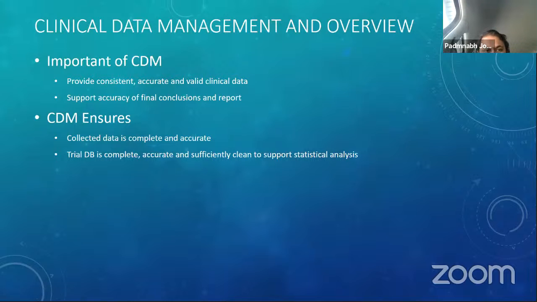The important aspect is to help ensure or provide consistent, accurate, and valid clinical data. When I say valid, validation is nothing but validation of the data being collected vis-a-vis what's mentioned in the protocol. So if the protocol, for example, states that your trial has to be conducted on adult patients, any patient getting enrolled in the study should have an age of 18 and above.